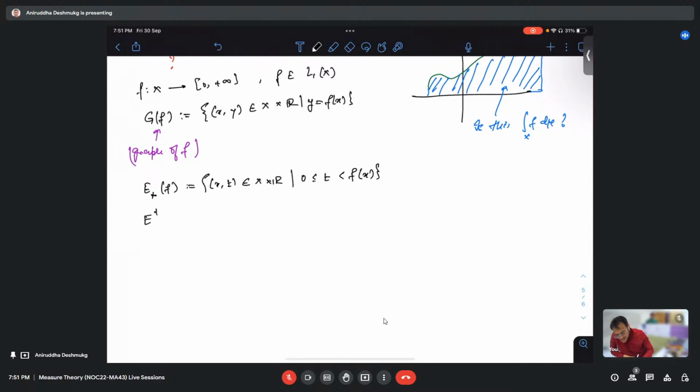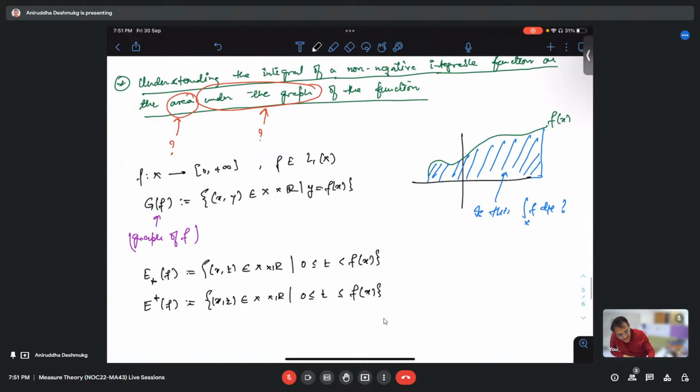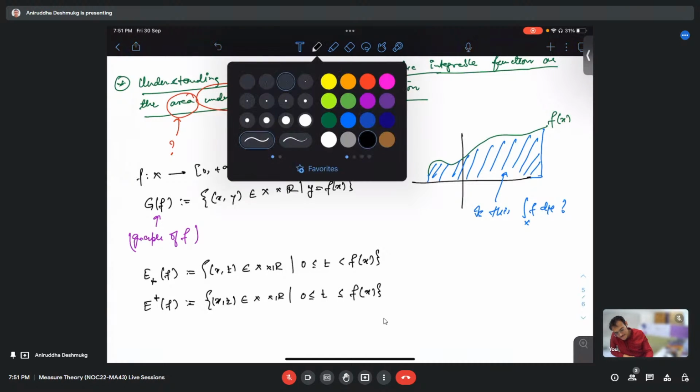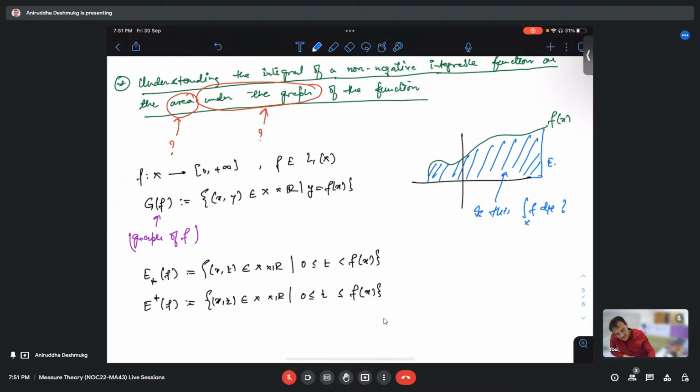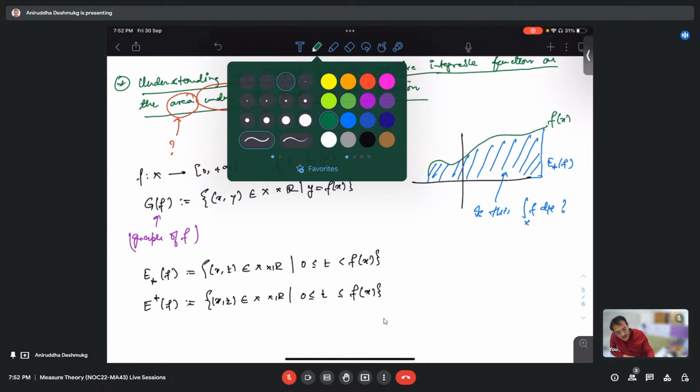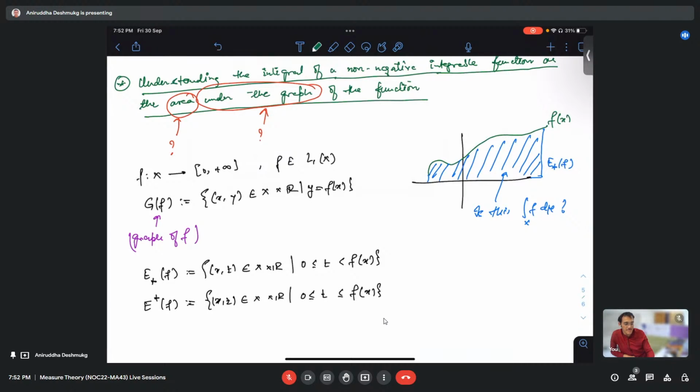And let us write E upper star f as all those (x, t) in X cross R for which t is non-negative, and now t could be equal to f(x). So what is the difference? Only the blue shaded area is our E lower star f, and the blue area along with the green area is E upper star f.